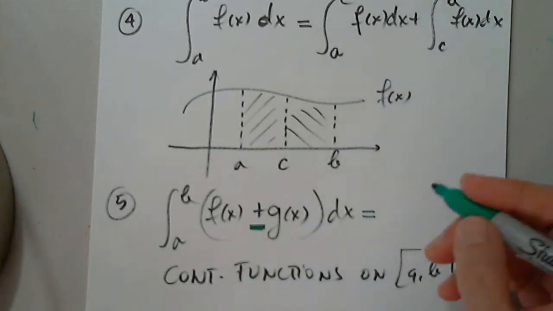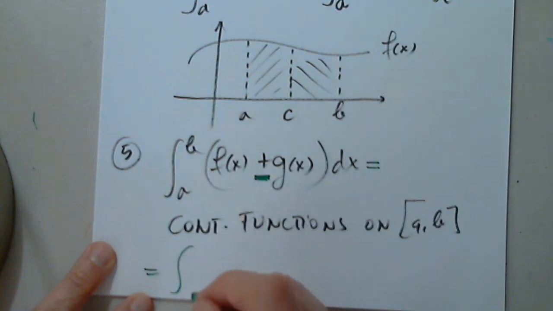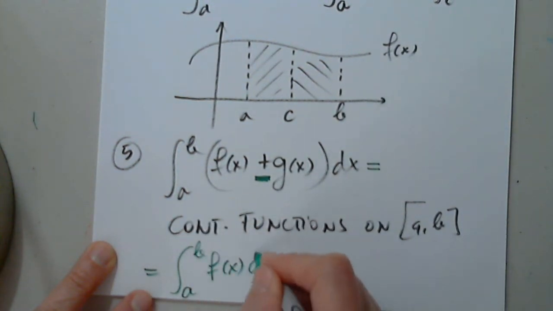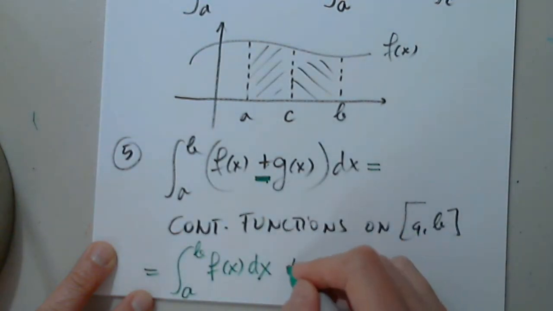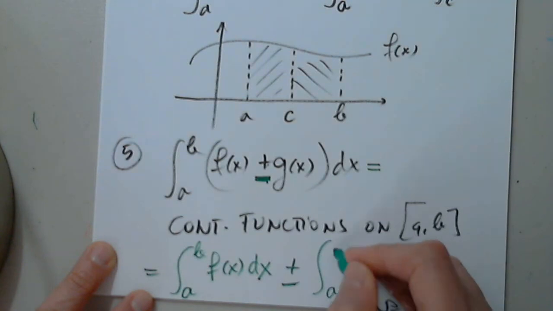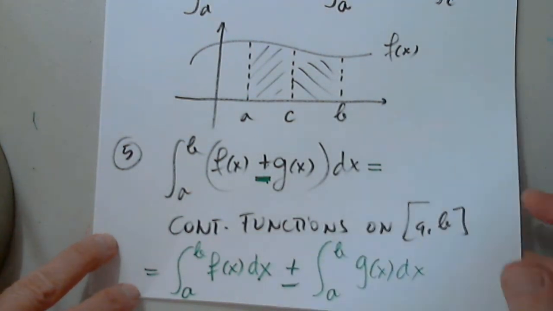Would it be the summation or the difference? The integral from a to b of f of x dx, plus or minus, right, the integral from a to b of g of x dx. Very good, awesome.